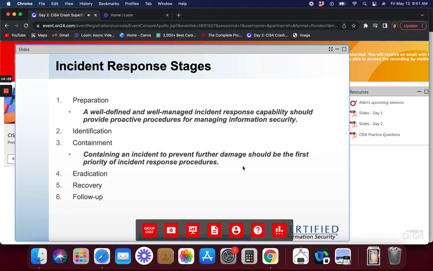So if they're asking you where does incident response begin, it begins before the incident happens, in the preparation itself. That's practicing risk management so you have less incident response management later. Again, we prepare to have an incident. We identify the incident. We contain the incident. We eradicate the incident, recover from the incident.